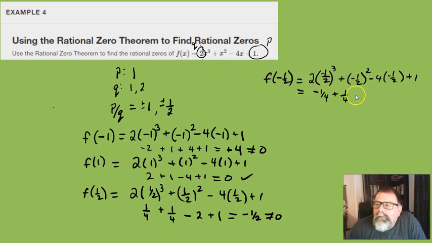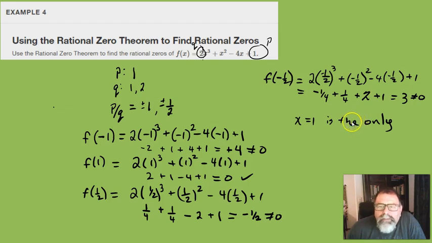That's nice, that's 0. Plus 2, plus 1, so that's 3, which is not 0. So our only 0 is 1. So x equals 1 is the only 0. Well, the only rational 0.